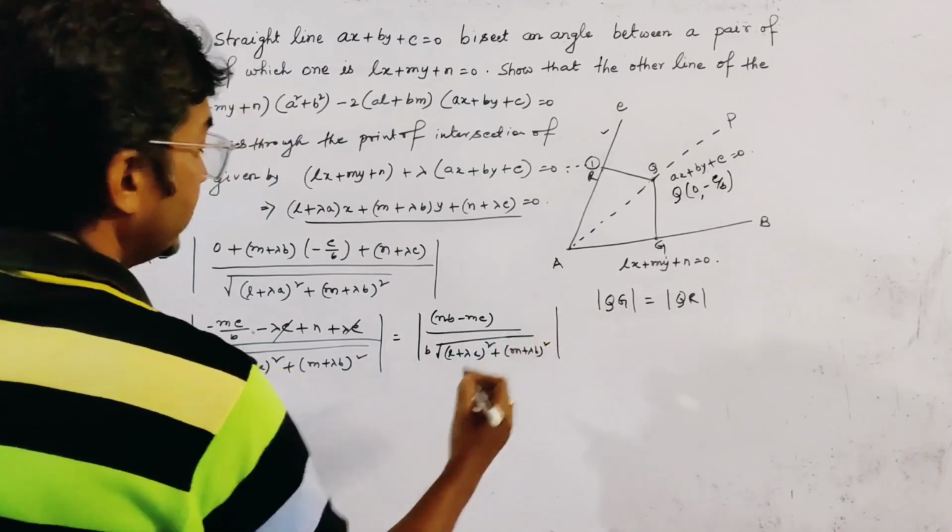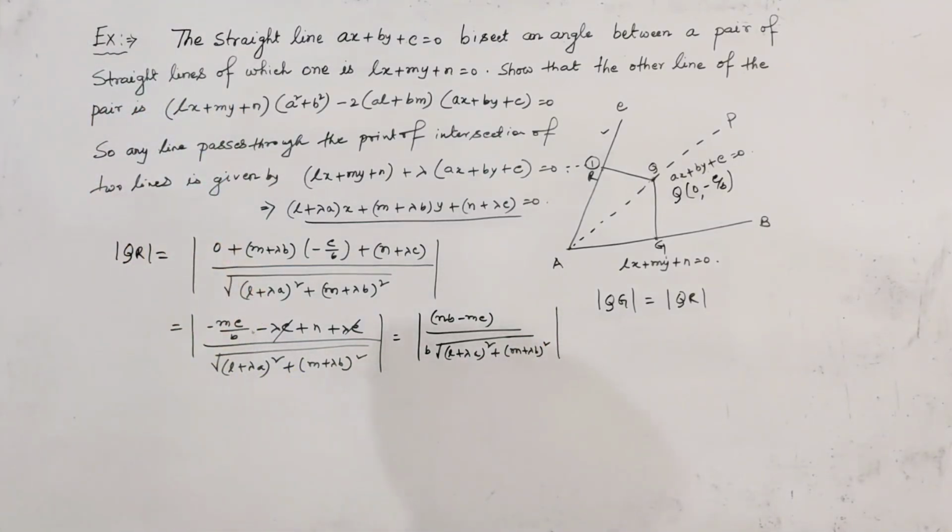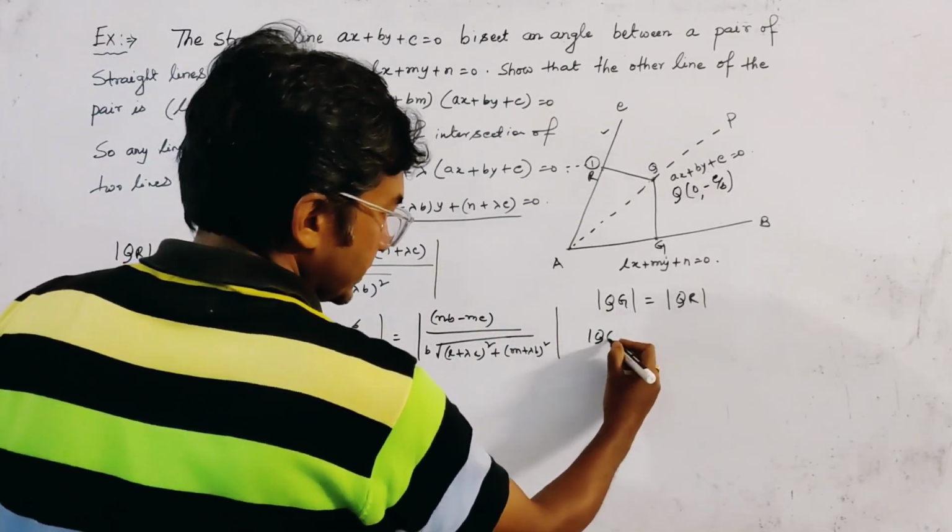Okay, this is one of the perpendicular distances, and the other perpendicular distance is QG.